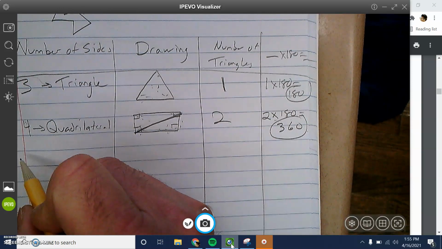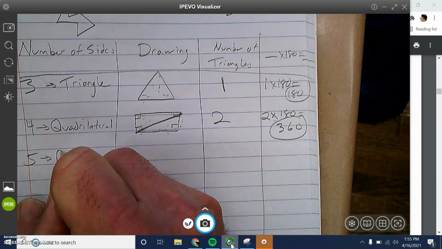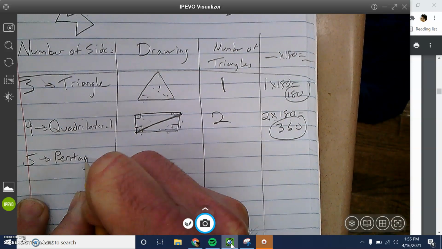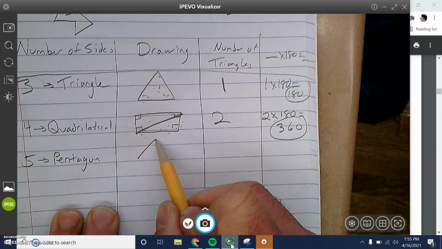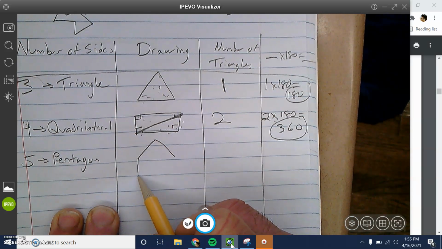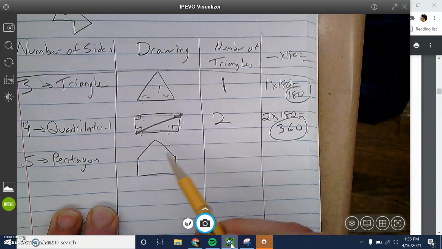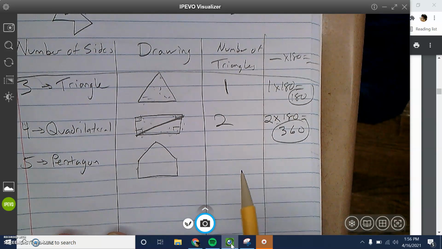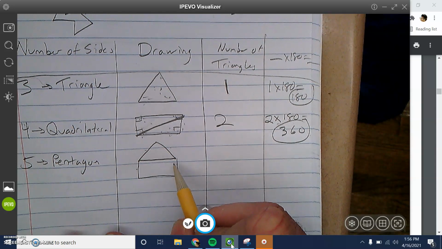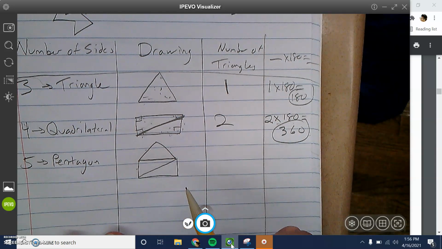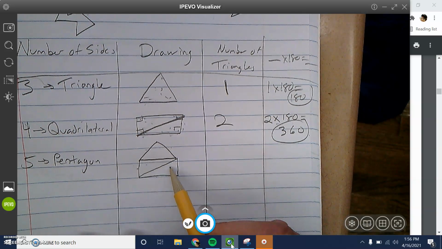Okay. What about a five-sided shape? What is that called? It starts with a P. Oh, yeah. Pentagon. So, a five-sided shape. You could draw like a house. 1, 2, 3, 4, 5. How many triangles? Let's just draw some stuff. Oh my goodness. 1, 2, 3 triangles.